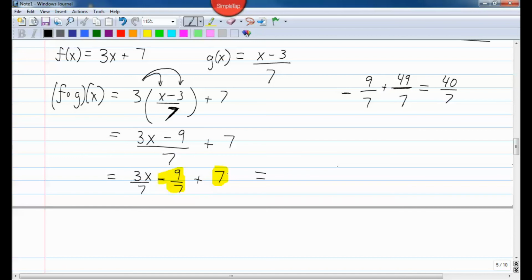So this right here is 3/7 x plus 40 over 7. The homework problem wants this answer at the end. Since they have the same denominator, I'm fine with this answer. Just in case your homework doesn't take it, you could get a common denominator of 7 and write this as 3x plus 40 over 7.